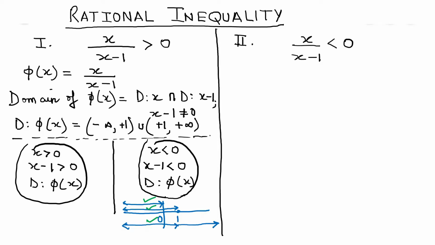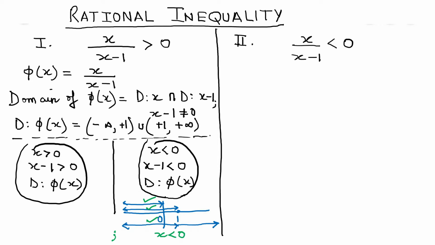So eventually the answer is x less than 0 from this side, union with the answer that you would get from the other side.